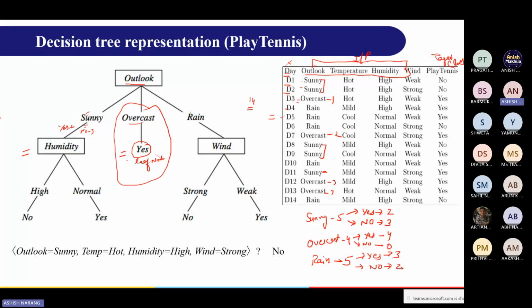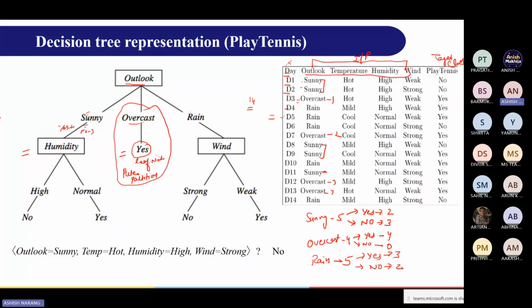Within overcast, all records belong to yes class. I call this kind of partition a pure partition, where all records belong to one class. So if outlook is overcast, whatever records belong to that, they all belong to one class. This branch is giving me a pure partition.